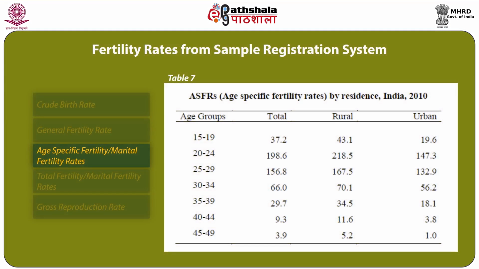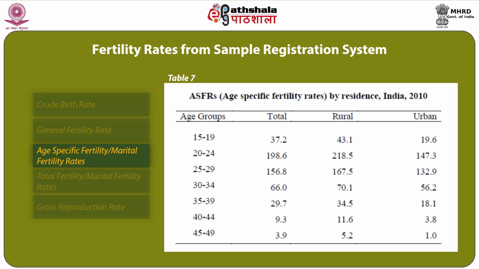The table provides the data on age-specific fertility rates by residence, that is, rural and urban, in India as per 2001 data for the various age groups. It reveals that the age-specific fertility rate is as low as 37.2 in the early ages of the reproductive span of women, that is, 15 to 19 years, but huge variations exist in this age group between rural and urban areas.